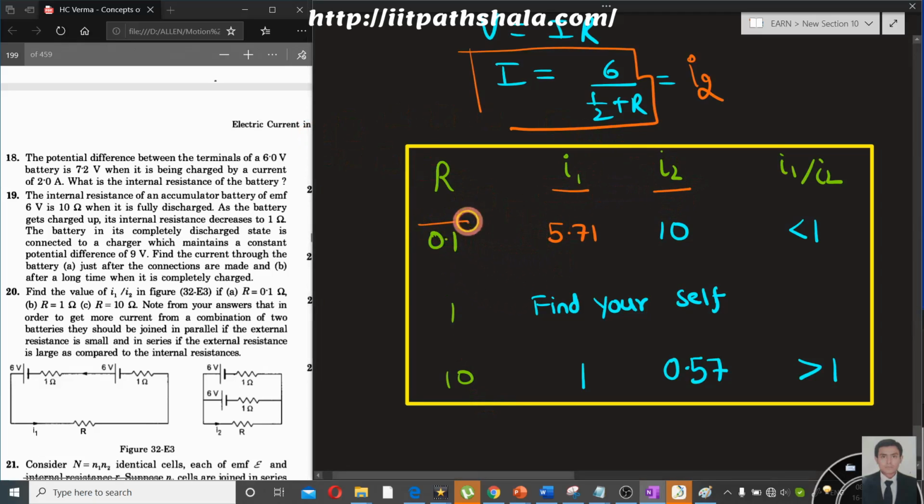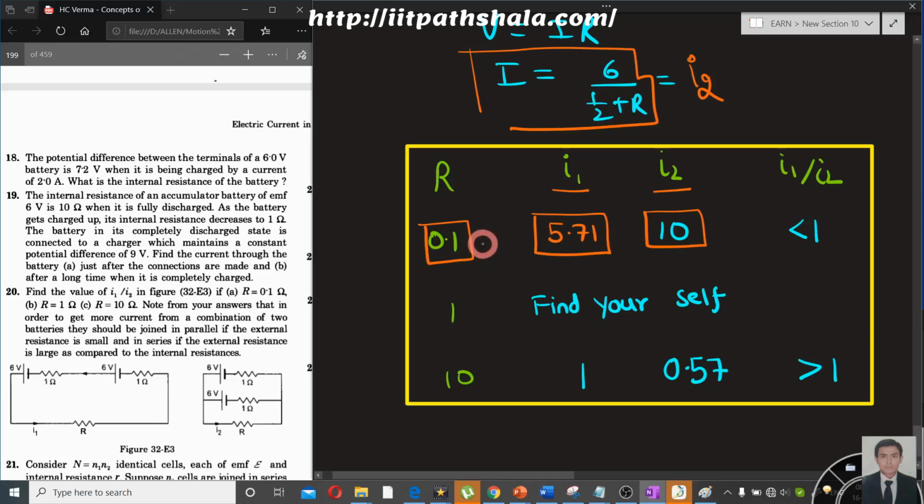So when my R is very small, I can see over here that in the series combination the current is coming out to be 5.71, and the current in the parallel combination is coming out to be 2 times the current in the series combination. So henceforth I can say that the statement is correct.